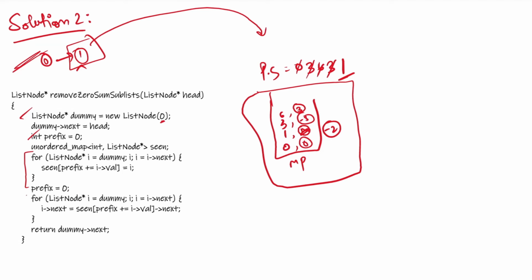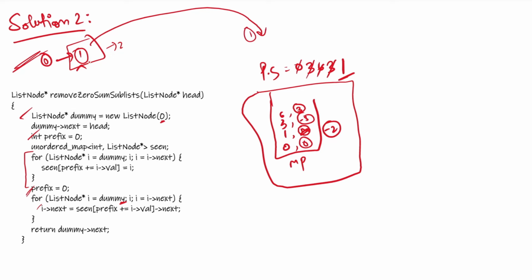Then what we will do, we will again start from our dummy, and then we make our i's next point to the same prefix's next. Okay, so 1 will not point to 2, 3, this. It will see where the sum will again become 1.